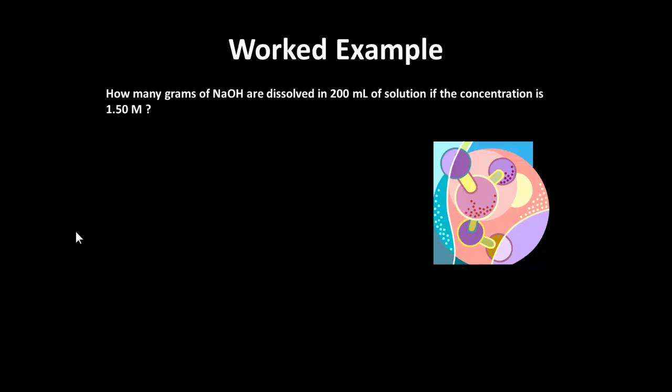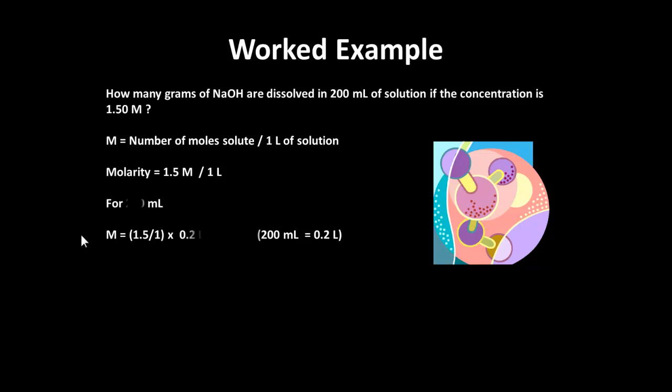Here's another little worked example for us. How many grams of sodium hydroxide are dissolved in 200 milliliters of solution if the concentration is 1.5 molar? Well, the molarity is the number of moles of solute per litre of solution. So the molarity is 1.5 over 1. Right.